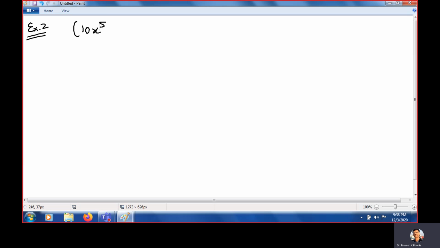10x power 5 minus 8x power 2 minus, now this time we are subtracting, 2x power 3 minus 3x power 2 plus 6. We are going to solve this question. Whenever you have a subtraction question, first try to open the bracket.